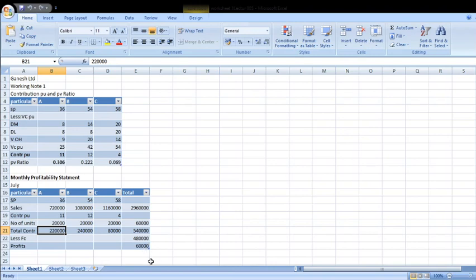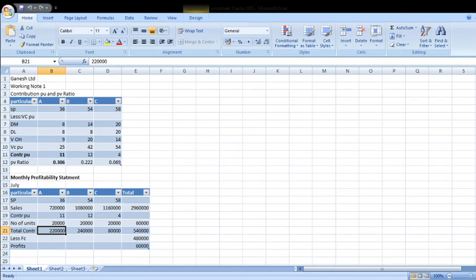From this is deducted fixed cost of 4,80,000. Now 540 minus 480, you get a profit of 60,000. Are you getting it? Okay. I hope you have calculated the profit for July.